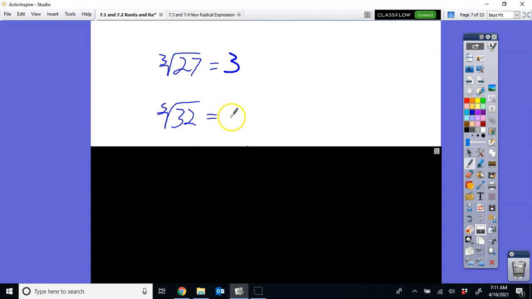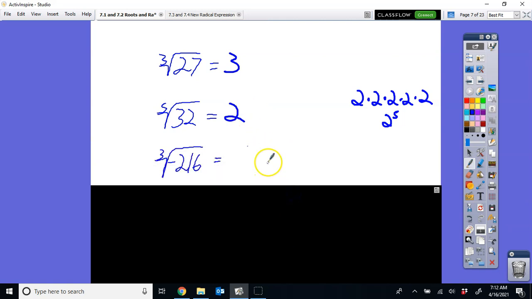Think about it for just a second. So the answer would end up being 2. Because 2 times 2 times 2 times 2 times 2 is 32. 2 to the 5th power is 32. So the 5th root of 32 would be 2.